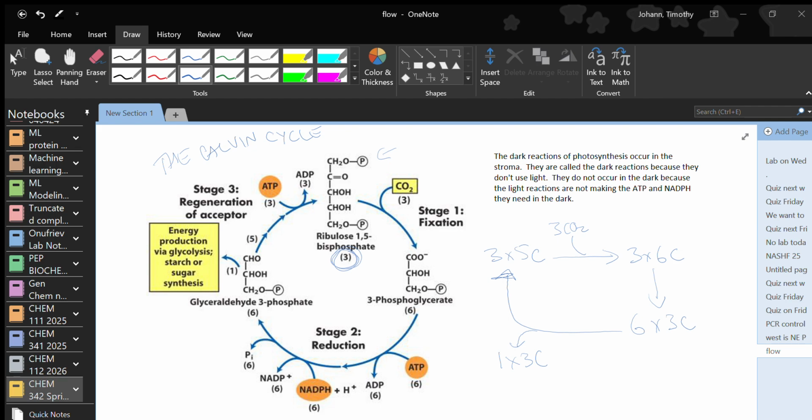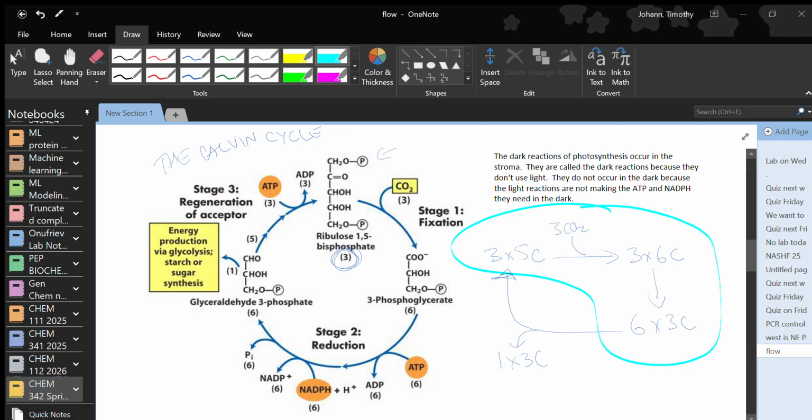It's in here. Okay. So they blended that step together there. If you think about it, this very first step is this. And that first step is catalyzed by an enzyme called rubisco. Okay, that's the enzyme.